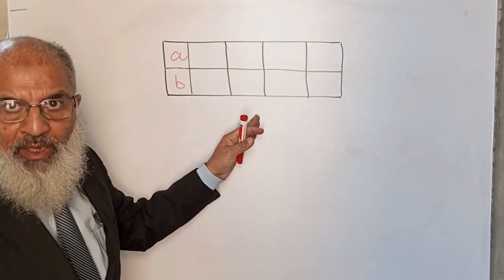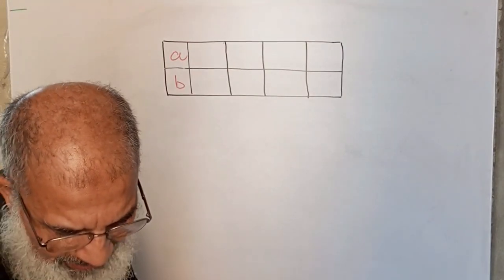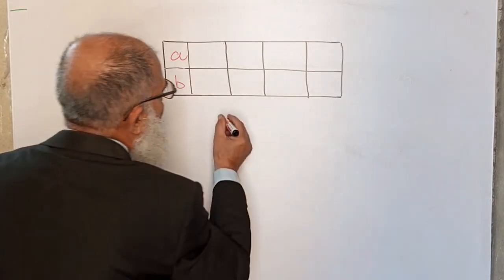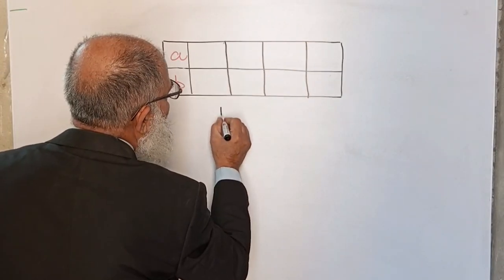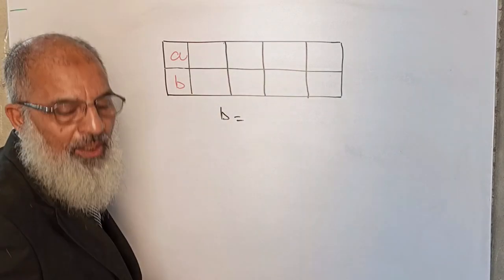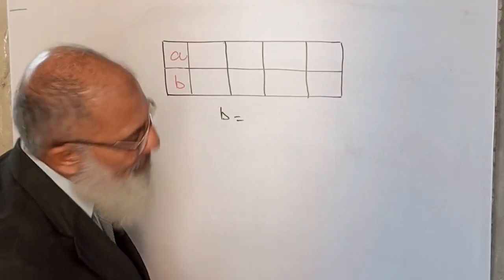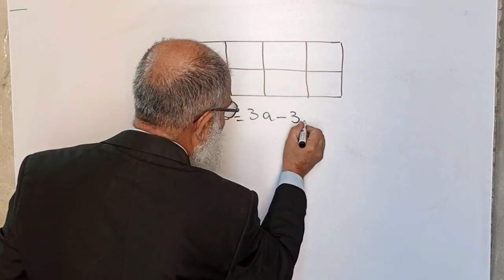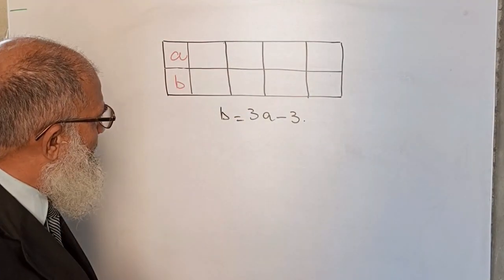For this table, a formula is given also. And the formula is B is equal to 3A minus 3.